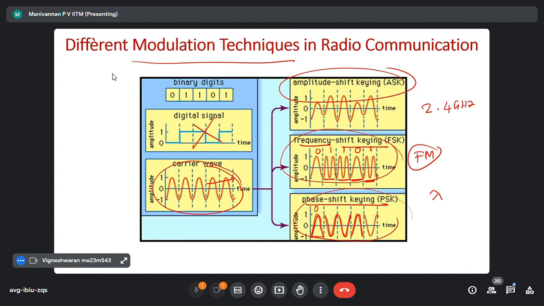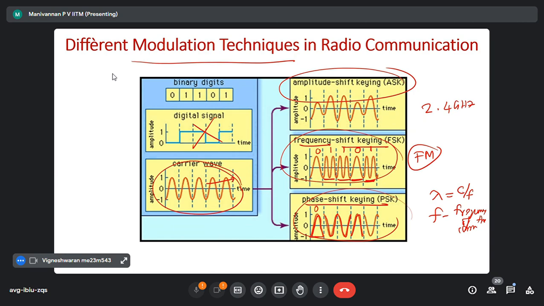The wavelength of the carrier we are transmitting, the modulated carrier, is lambda equal to C by F, where F is the frequency of the carrier, whether it is radio or otherwise. If you modulate, the original signal automatically rides on the carrier.